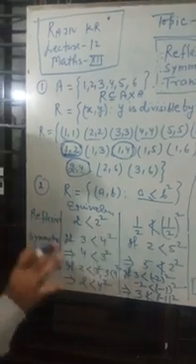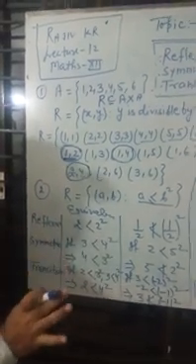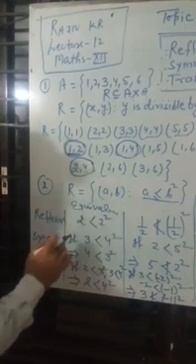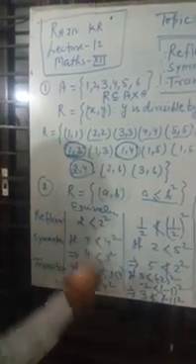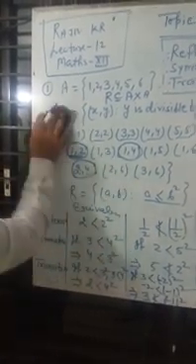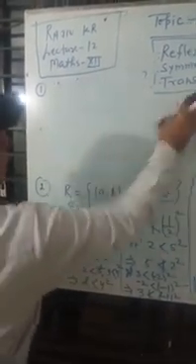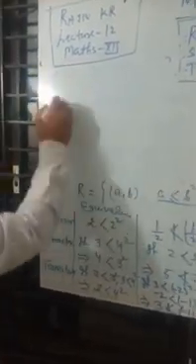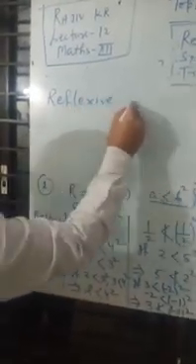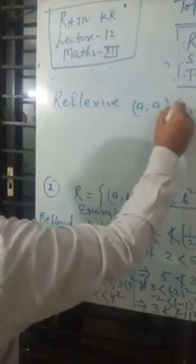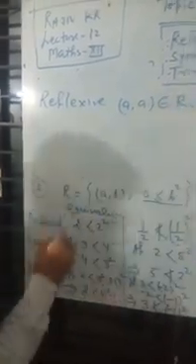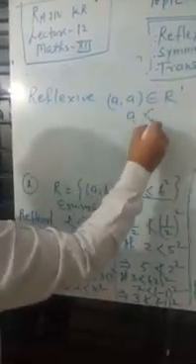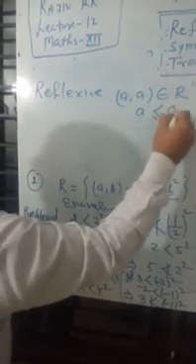Both elements are identical and follow the rule of the relation. 2, 2 belongs to R. In case of reflexive, (a, a) belongs to R. That means a is less than or equal to a square.